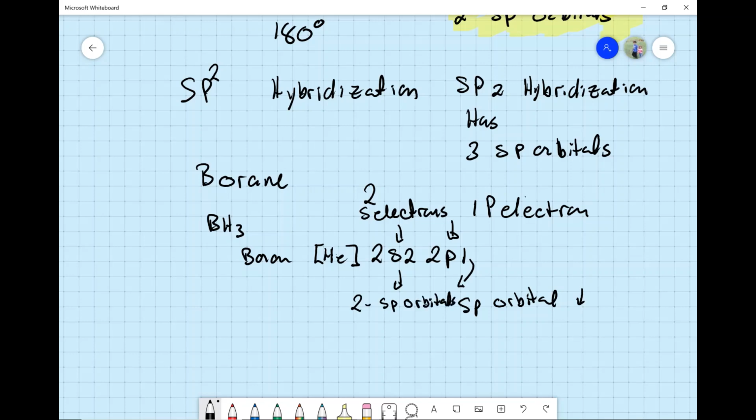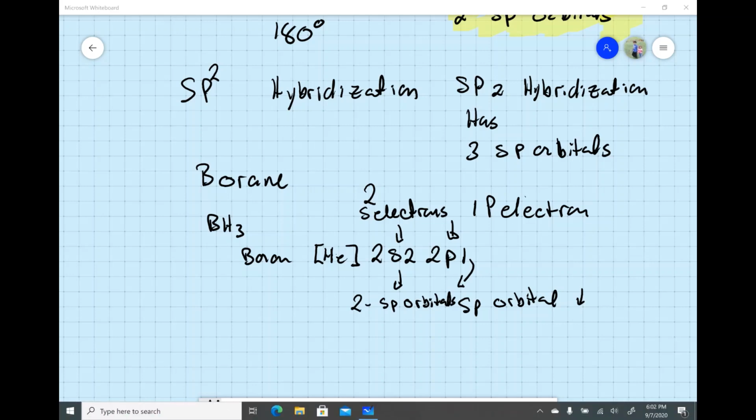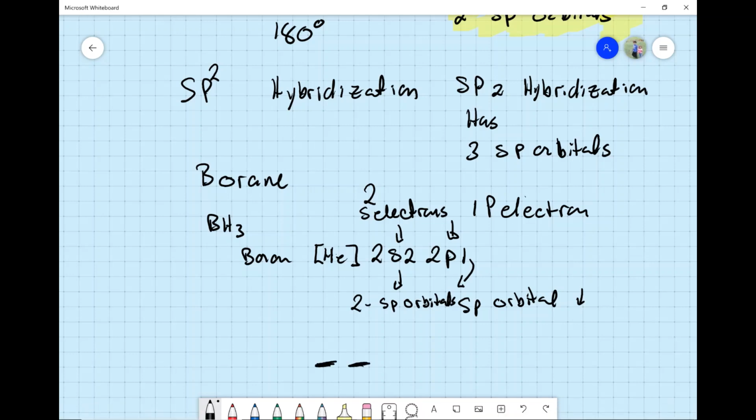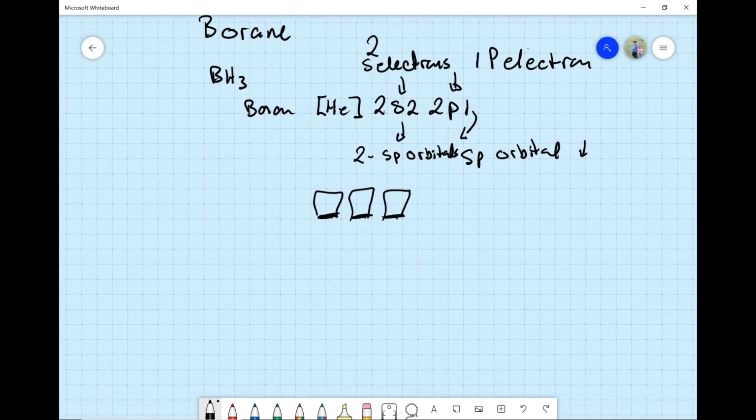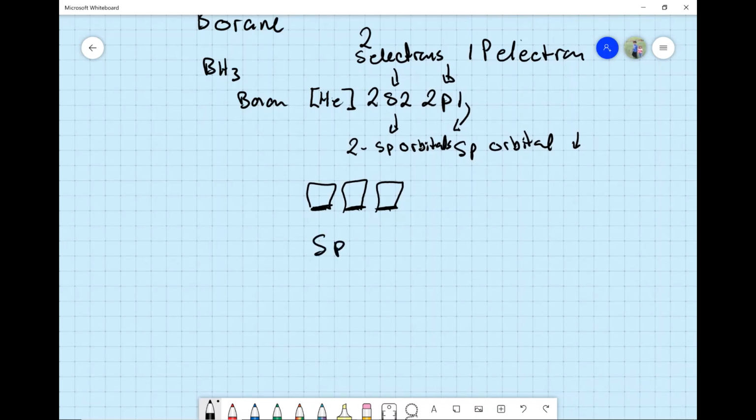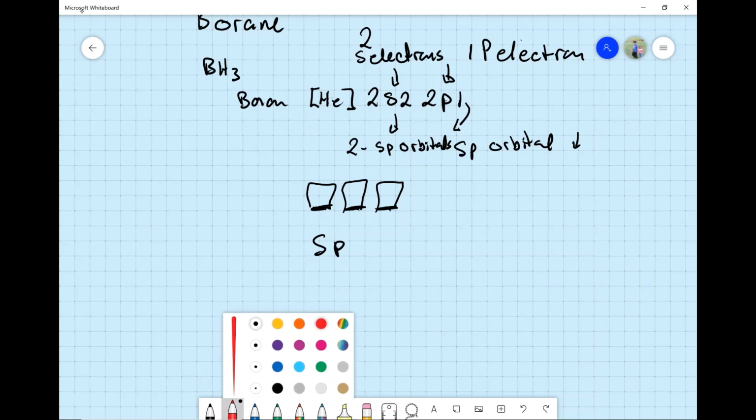And so now, instead of having this electron configuration, it's basically going to be sp. And I'll do it again, kind of like I did above. Just undo it, make it a smaller pen.